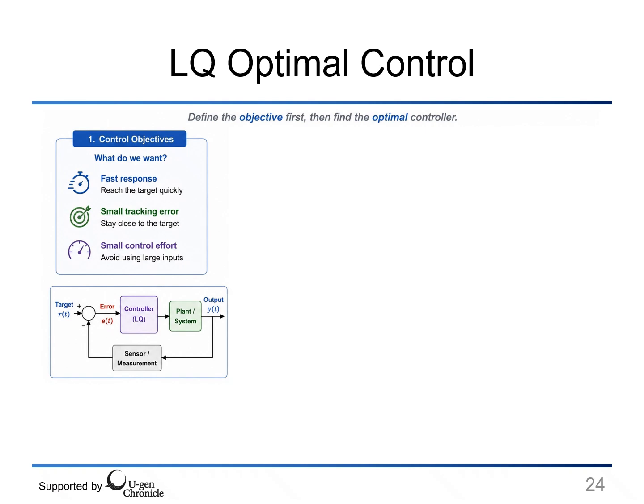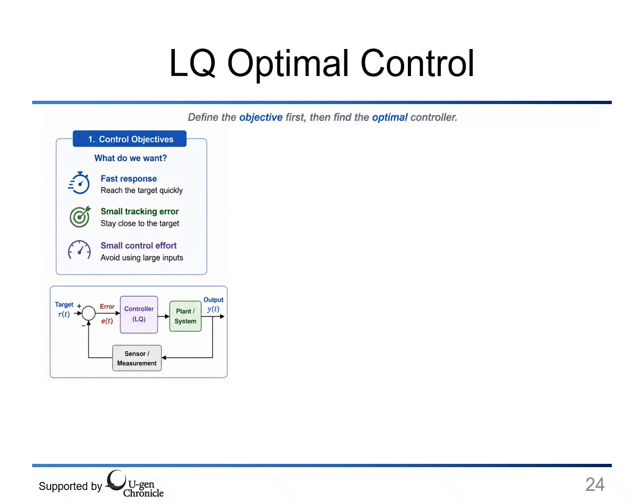PID focuses on tuning gains, but LQ optimal control starts from a completely different idea. Instead of asking, how should I tune the controller? It asks, what does good control actually mean? We define our objectives mathematically. For example, we may want fast response, small tracking error, and low control effort.